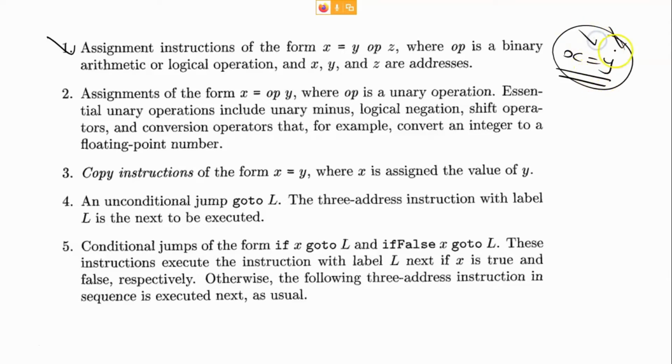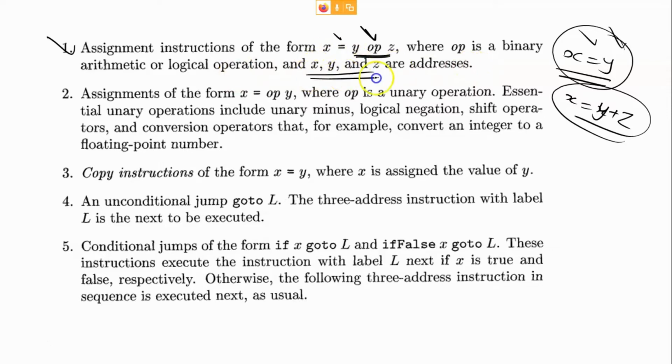We can also have x = x + z. Of course we should have at most one operator on the right hand side of the assignment. So this type of instructions are three address code.